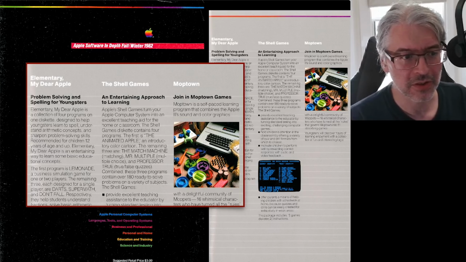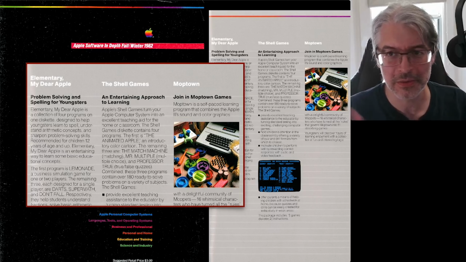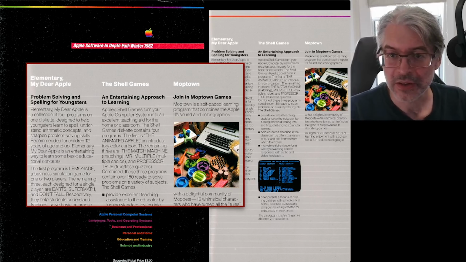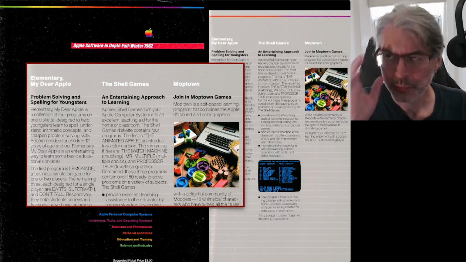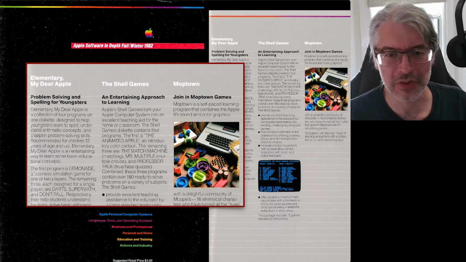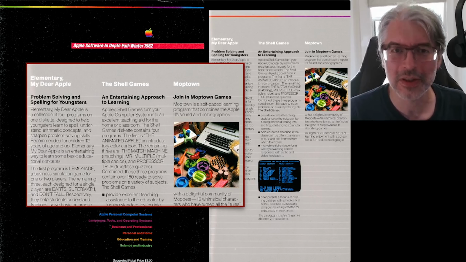Moptown was Special Delivery Software, but it's all just listed together in a page of educational stuff. So at this point, I think they'd basically given up on Special Delivery Software. But they're still selling it, interestingly. In fact, Apple Writer 2 was a Special Delivery Software title, and that did pretty well.